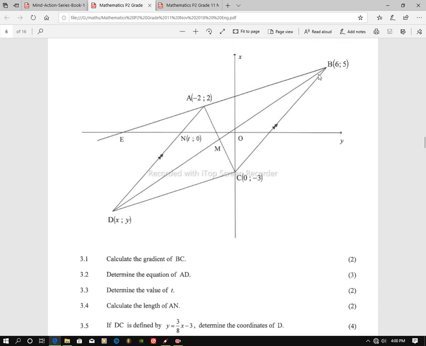Let me say BD bisects AC, meaning that AM and MC are equal in distance. So here you are just going to calculate the midpoint of AC, so that you can get the coordinates of M. You know the formula for midpoint, and then you can just calculate that.